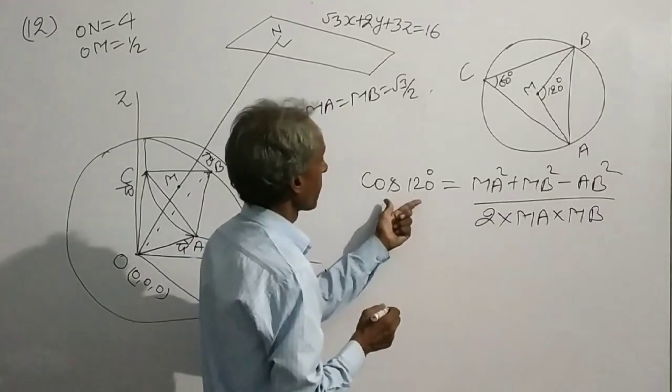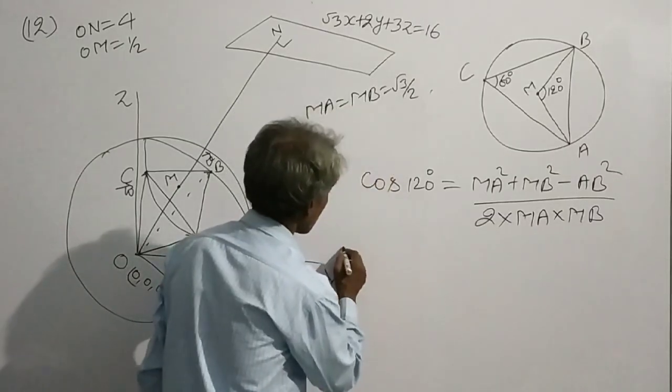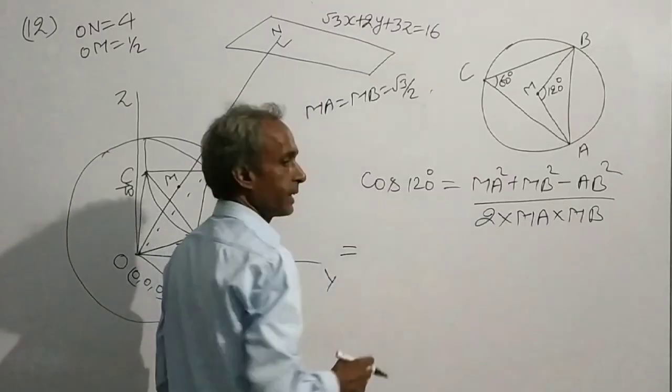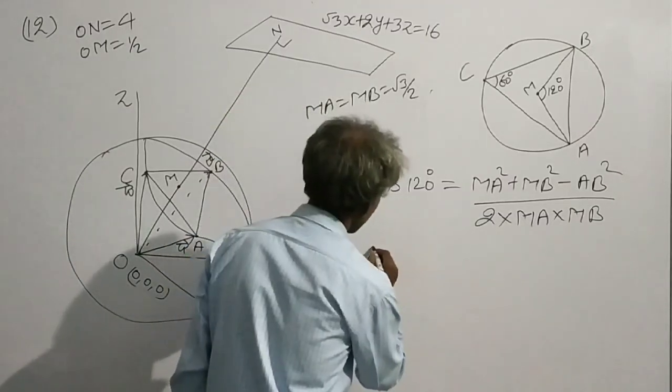Cos 120 degrees is equal to minus 1 by 2.